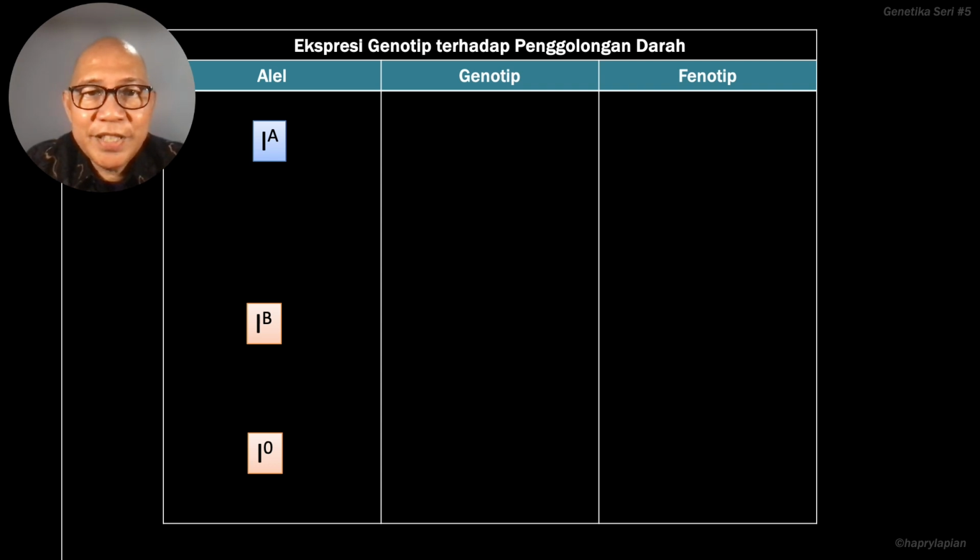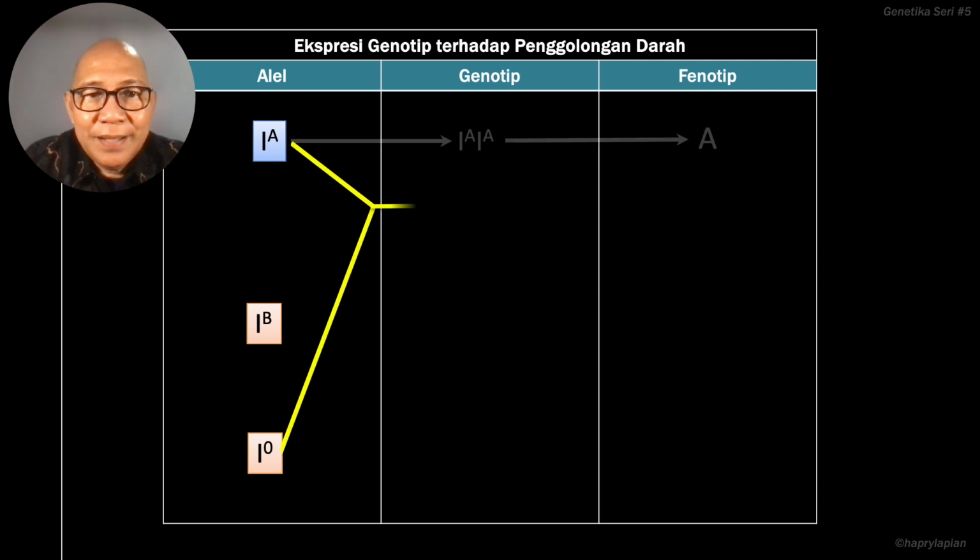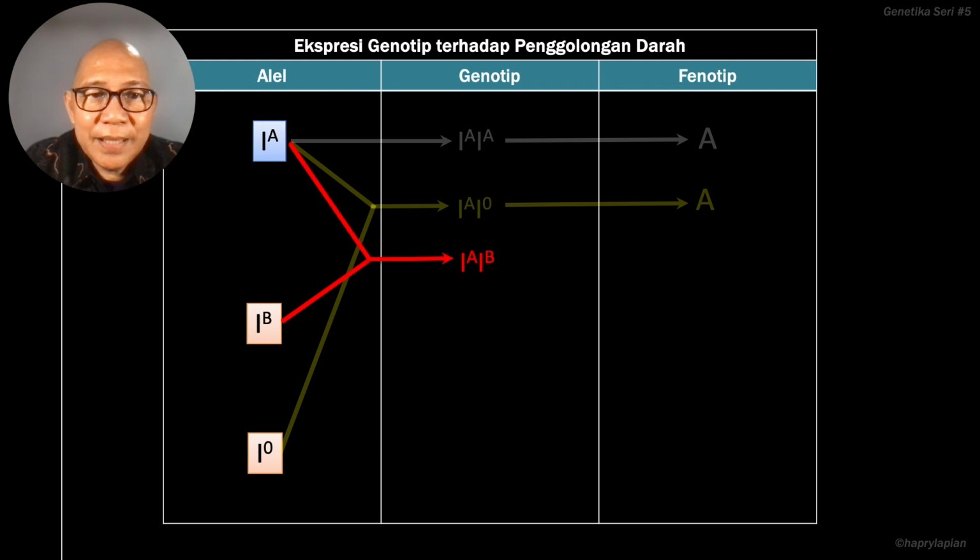This table will show the genotype expression on blood type. When the IA allele combines with IA itself, the result is blood type A. Blood type A is also found when the IA allele combines with the IO allele. Blood type AB is found when IA and IB alleles combine with each other because of the codominance principle.